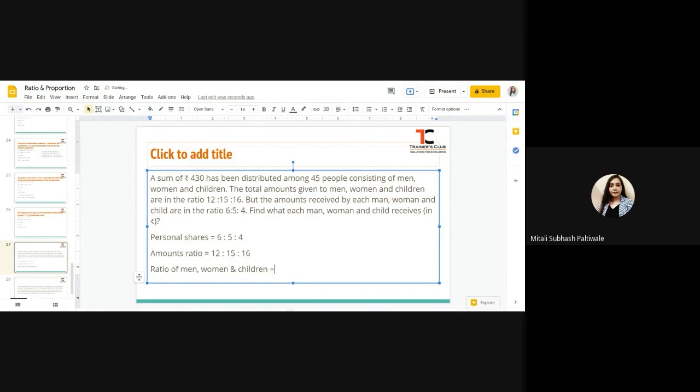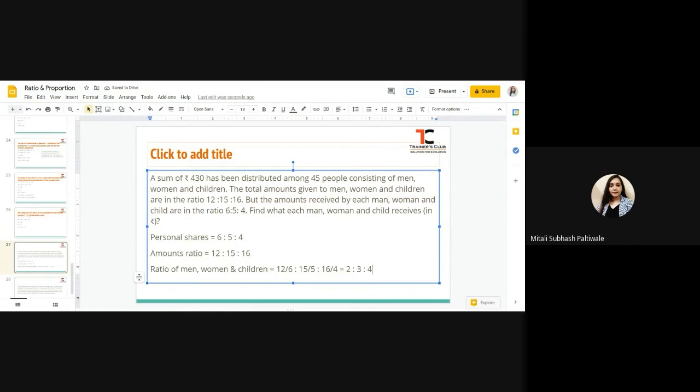So this will become 12 by 6 is to 15 by 5 is to 16 by 4, which is equal to 12 by 6 is 2, is to 3 is to 4. So 2 is to 3 is to 4.